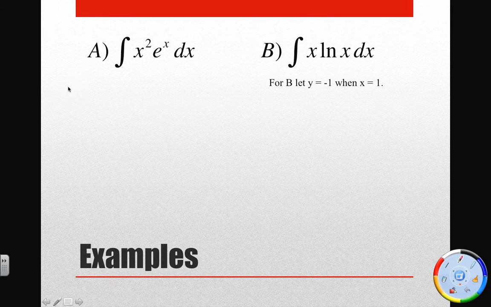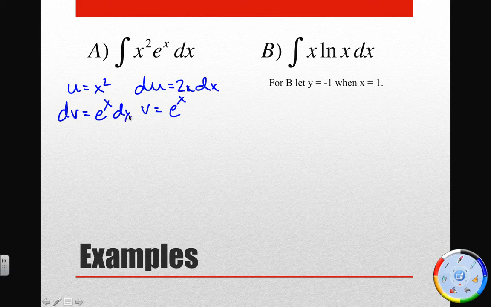Let's say u is x squared, and therefore du is 2x dx. That means dv is e to the x dx, and then v is e to the x.